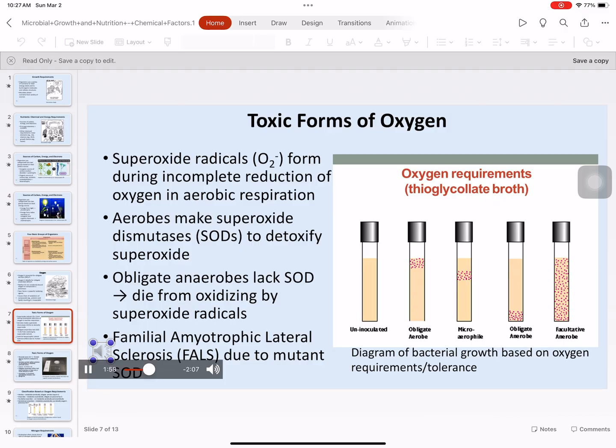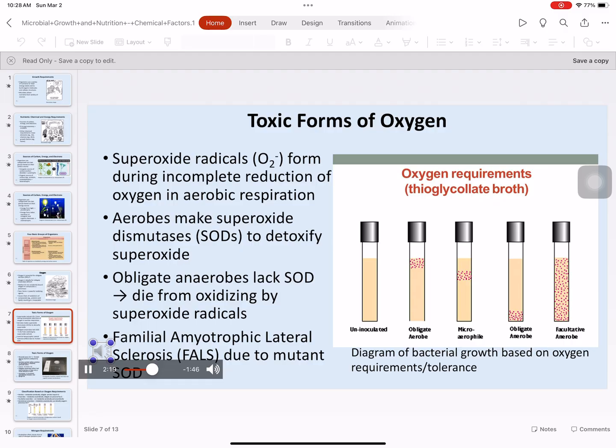Now, we aerobes make several enzymes to deal with these oxygen radicals. So we make things like superoxide dismutase to detoxify the superoxide.